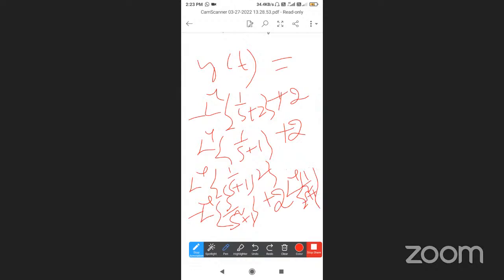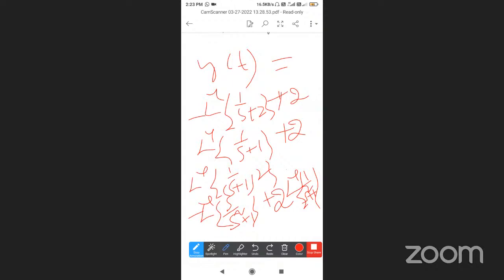The inverse Laplace transform of s by s square plus 1 is cos t. The inverse Laplace transform of 1 by s square plus 1 is sin t. The inverse Laplace transform of 1 by s plus 2 is e power of minus 2t.